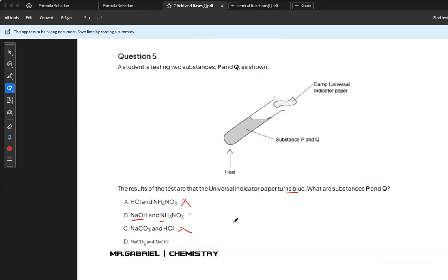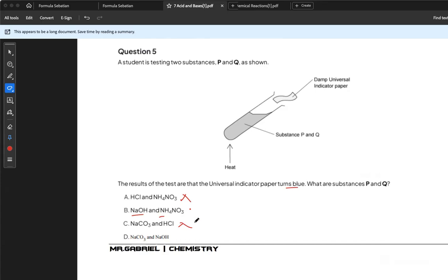I'm trying to figure out what this NH4NO3 is. Ammonium nitrate. So it's between this and this only, actually. Sodium carbonate. Is it considered a base though? I'm wondering why it's not. A or C?